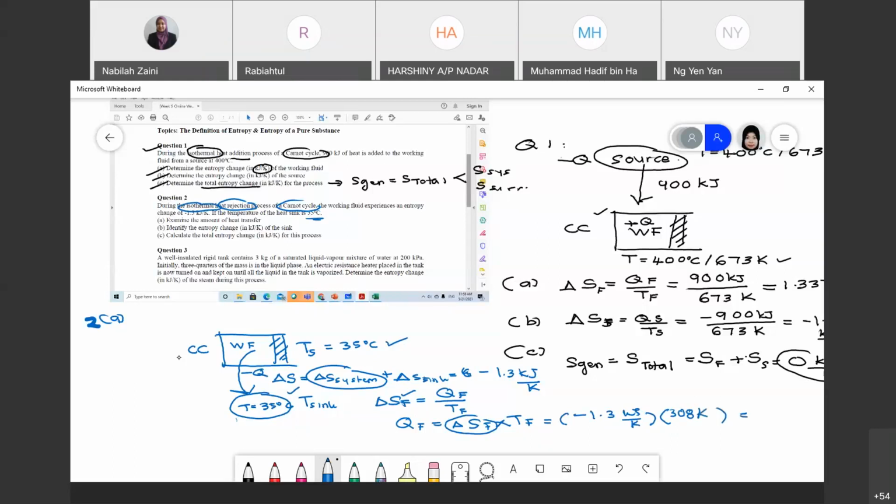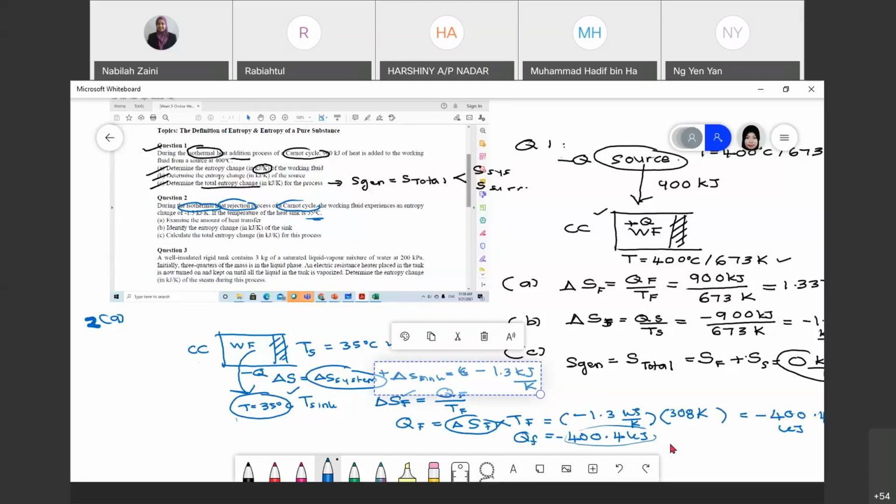So the answer is 400.4 kilojoule. Q fluid is negative 400.4 kilojoule, but you may display the answer as 400.4 kilojoule only. If you also write negative, it is also acceptable.